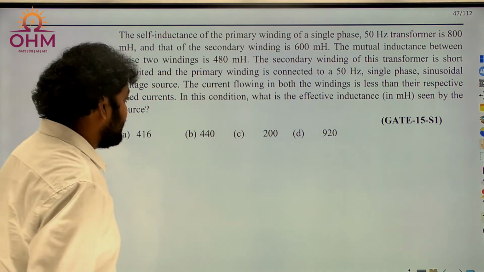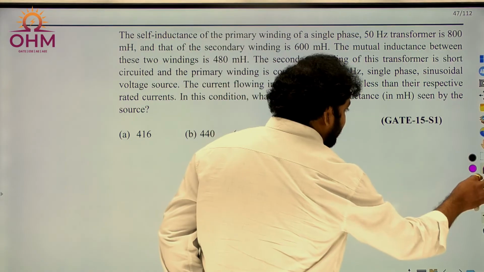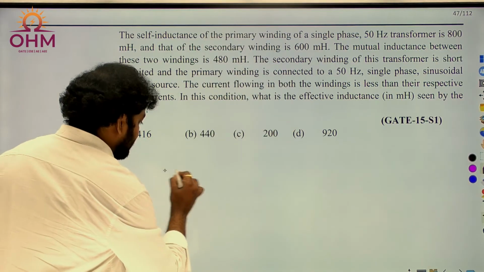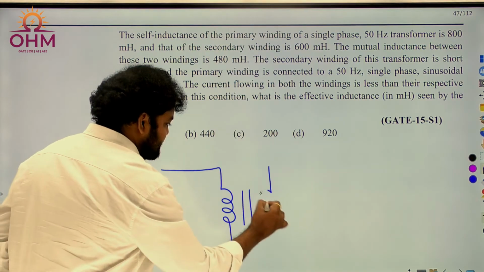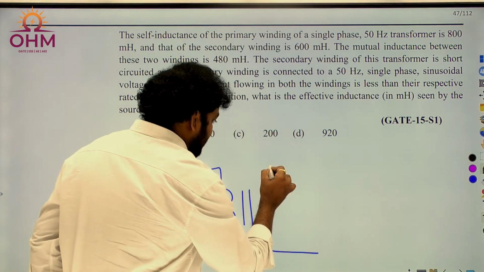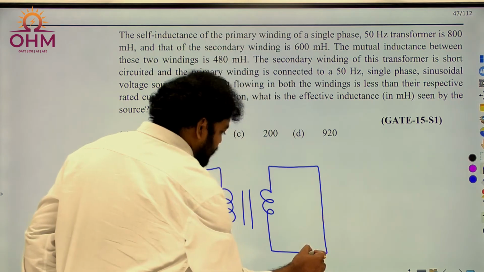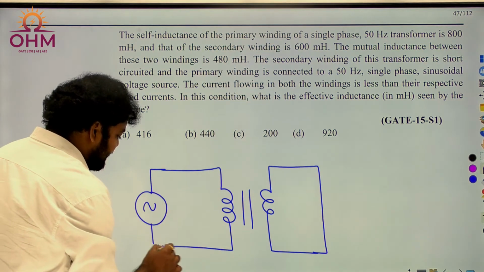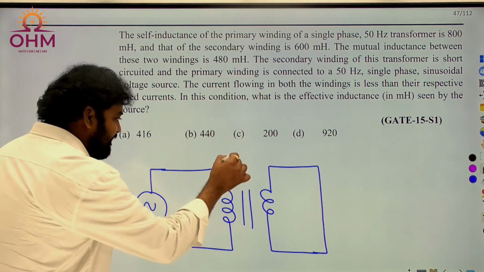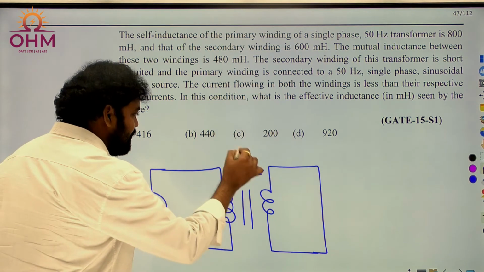Okay, first of all, a transformer will have two windings, right? Let's say this is a primary winding, and here we have the secondary winding. In the given question, the secondary winding is short circuited, the primary winding is connected to a voltage source, and between these two windings there is always mutual coupling.